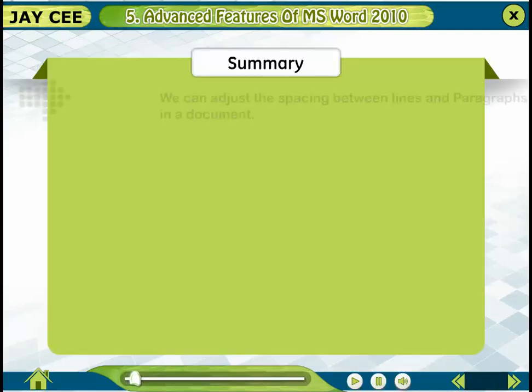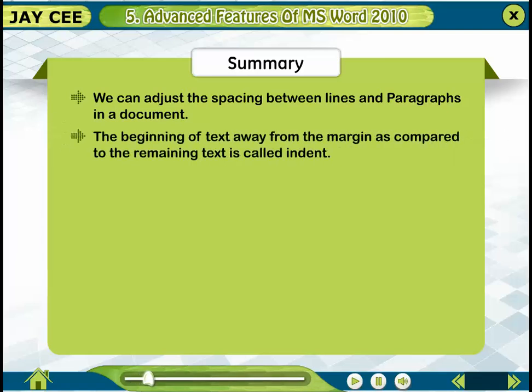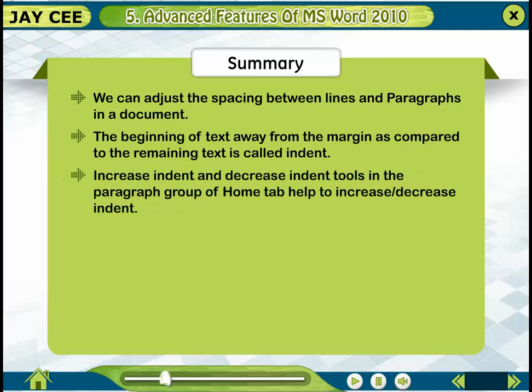Summary. We can adjust the spacing between lines and paragraphs in a document. The beginning of text away from the margin as compared to the remaining text is called indent. Increase indent and decrease indent tools in the paragraph group of Home tab help to increase or decrease indent.